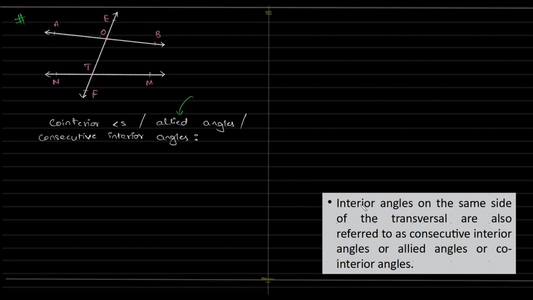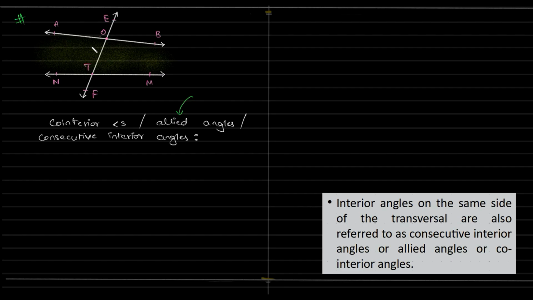Interior angles on the same side of the transversal are also referred to as consecutive interior angles or allied angles or co-interior angles. Okay. See, first thing is it has to do with interior angles that we understood. So it has to do within this space, right?